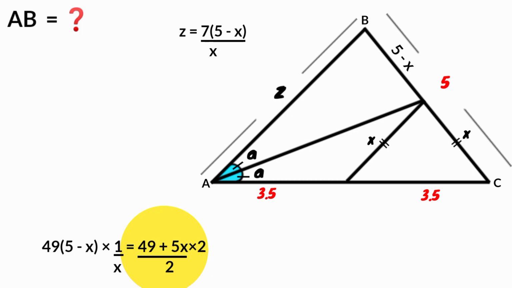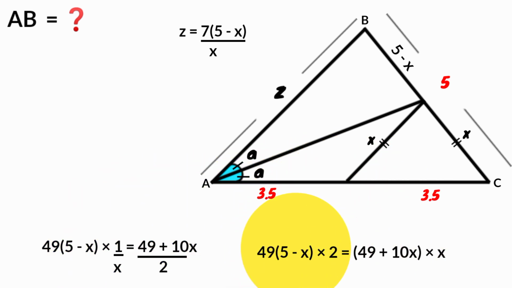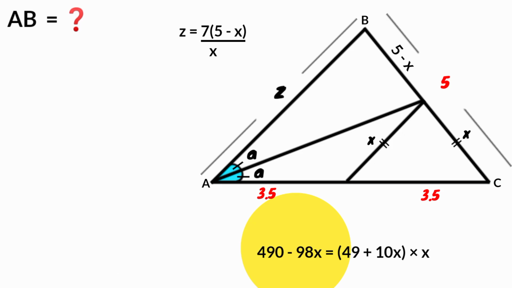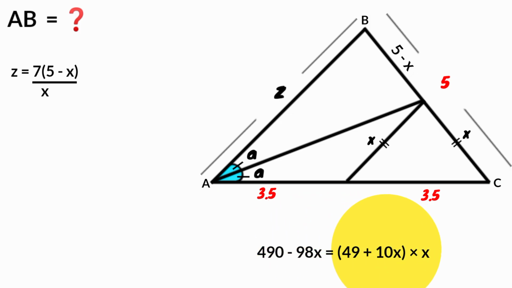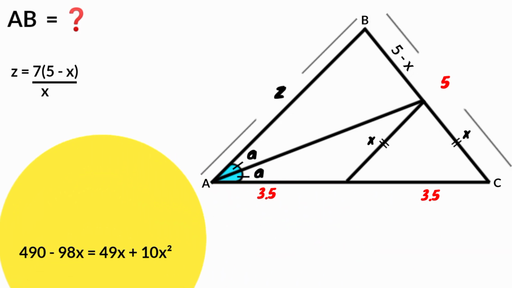It is 49 plus 5x times 2, which is 10x, all over 2. Now cross multiply. 49 into bracket 5 minus x times 2 is 98 into bracket 5 minus x, which is 490 minus 98x. And here 49 plus 10x times x is 49x plus 10x squared.